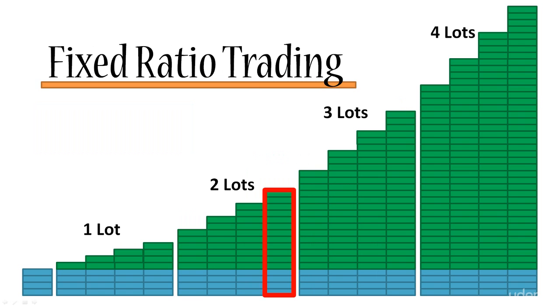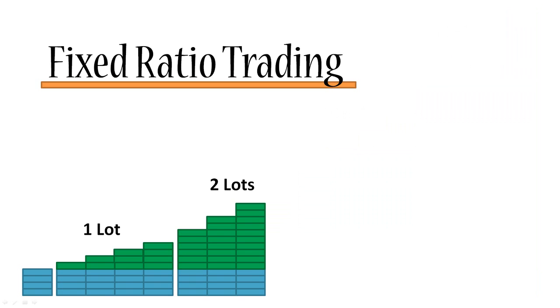Let's say this is our exponential growth, which we were talking about previously, the fixed ratio method. This is what we get using the fixed ratio method. And the trade that I've outlined with red, let's say we didn't earn a profit there, but we got a loss on that trade.